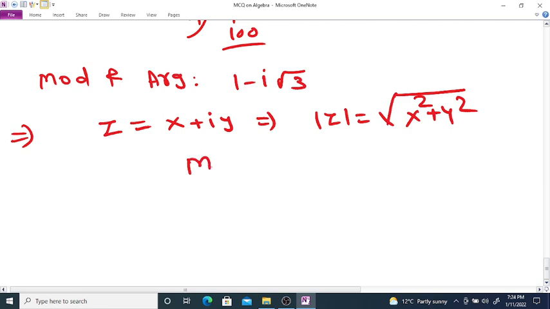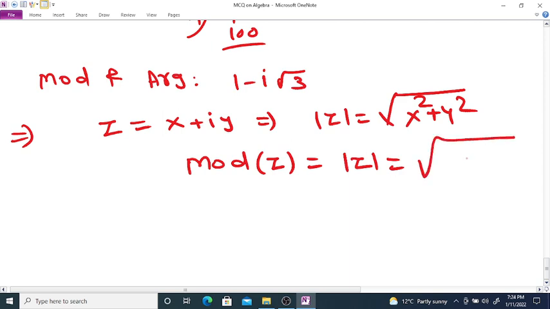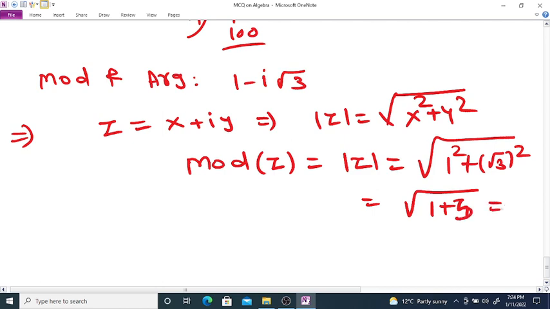So mod of z is equal to the square root of 1 square plus root 3 square. This is equal to root of 1 plus 3, which is root 4, which is equal to 2. So the modulus is equal to 2.